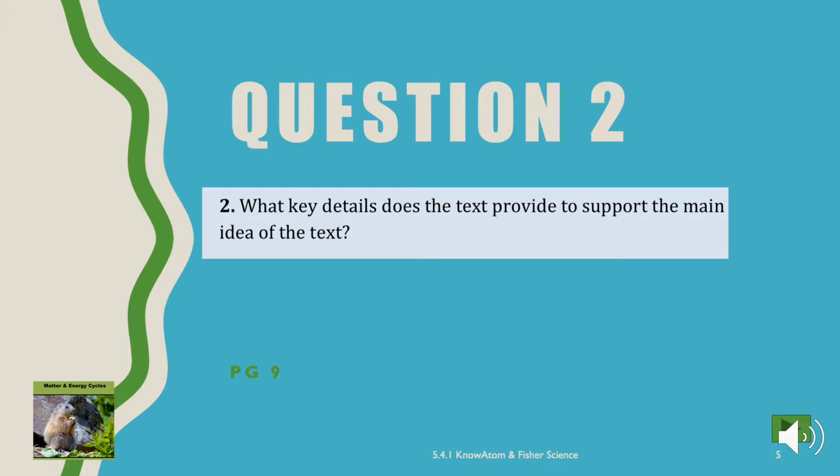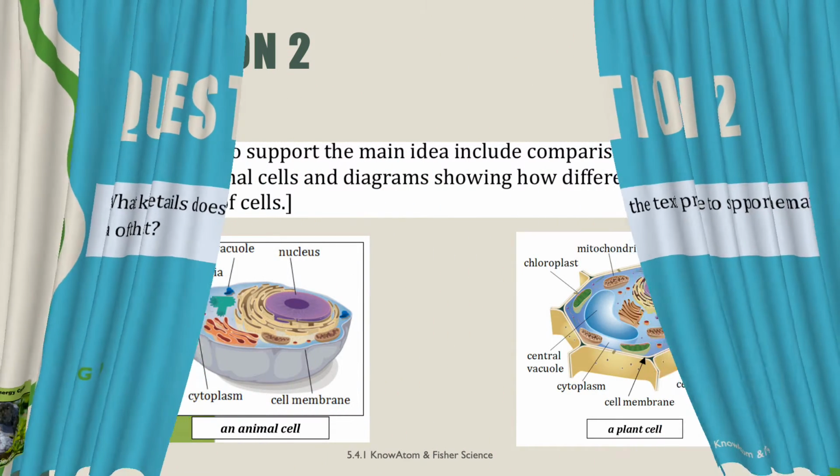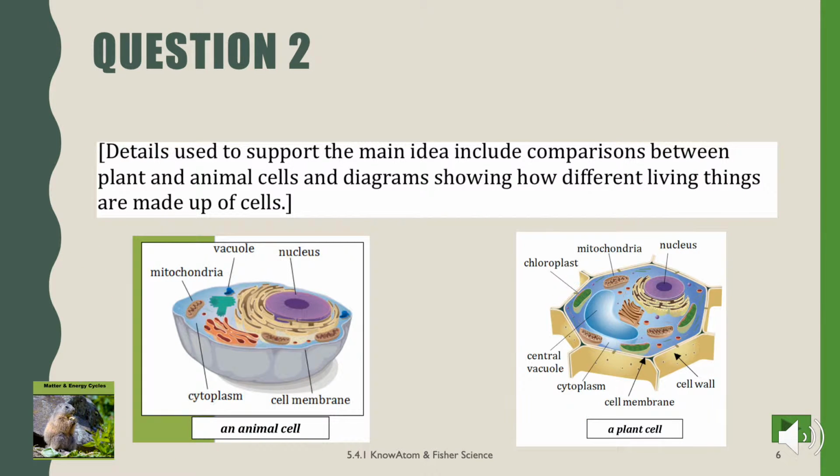So here it says, what key details does the text provide to support the main idea of our text for section 1? So the text used details to make comparisons between plant and animal cells using the diagrams and the actual text words.